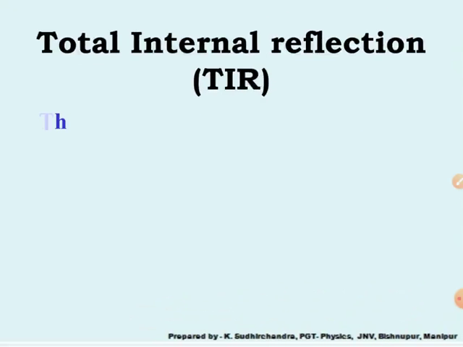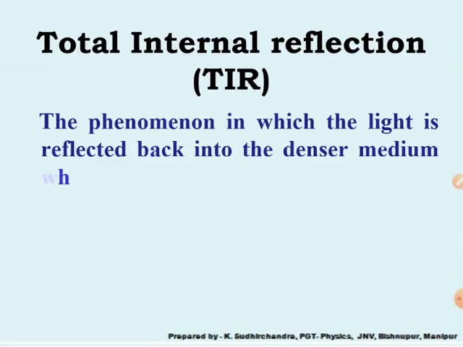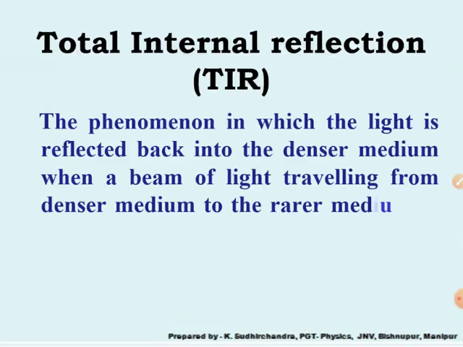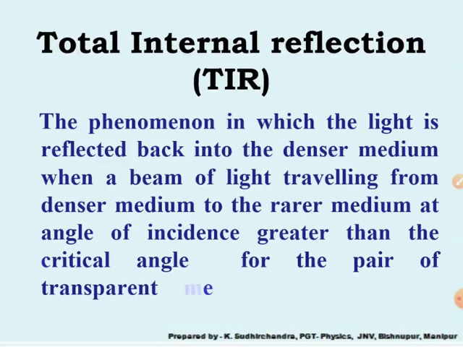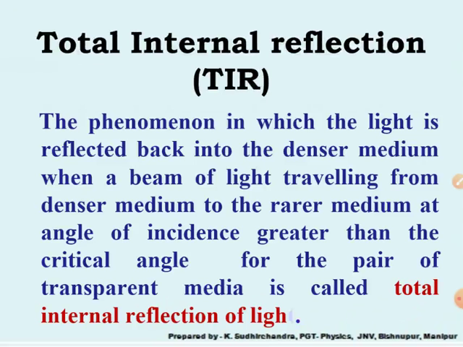Now this is again the total internal reflection, the phenomenon in which the light is reflected back into the denser medium when a beam of light traveling from a denser medium to the rarer medium at an angle greater than the critical angle for the pair of transparent media is called total internal reflection. This is the definition for total internal reflection.